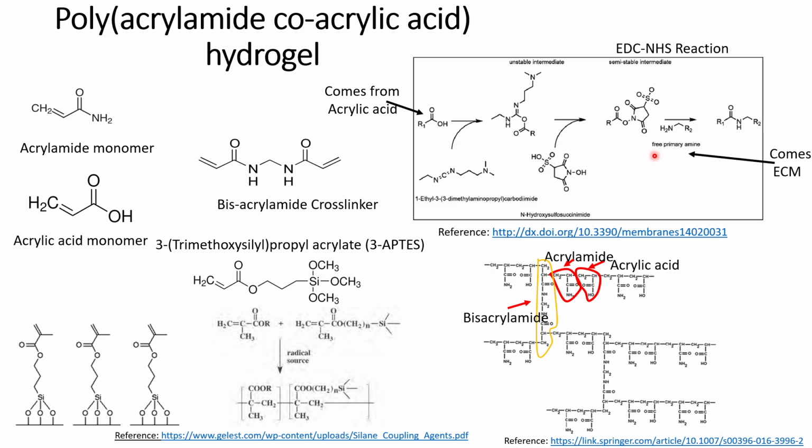One thing we need to understand is that during the binding of the ECM with the amine group, we need to make sure that it occurs as early as possible, as it is a semi-stable intermediate form. If we keep the hydrogels in this state without interaction with the ECM, this will disintegrate, and we need to do this coupling reaction of EDC and NHS before doing the ECM binding.